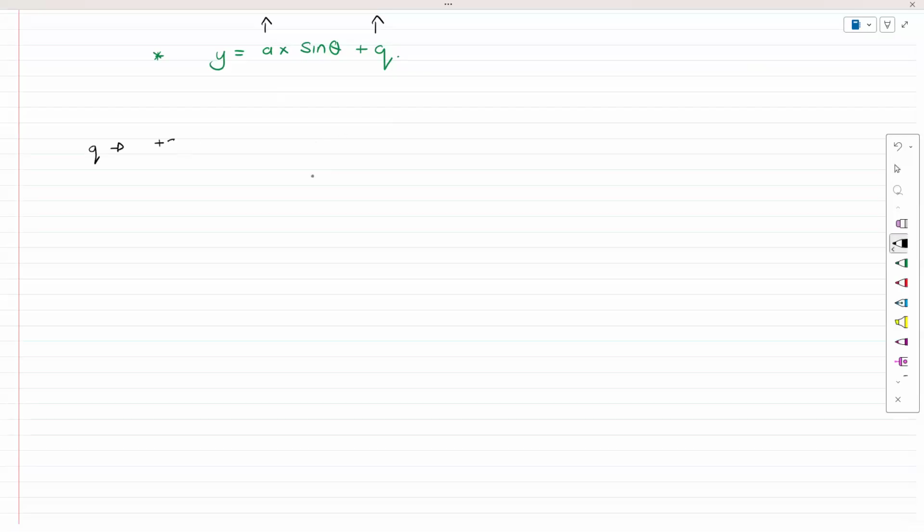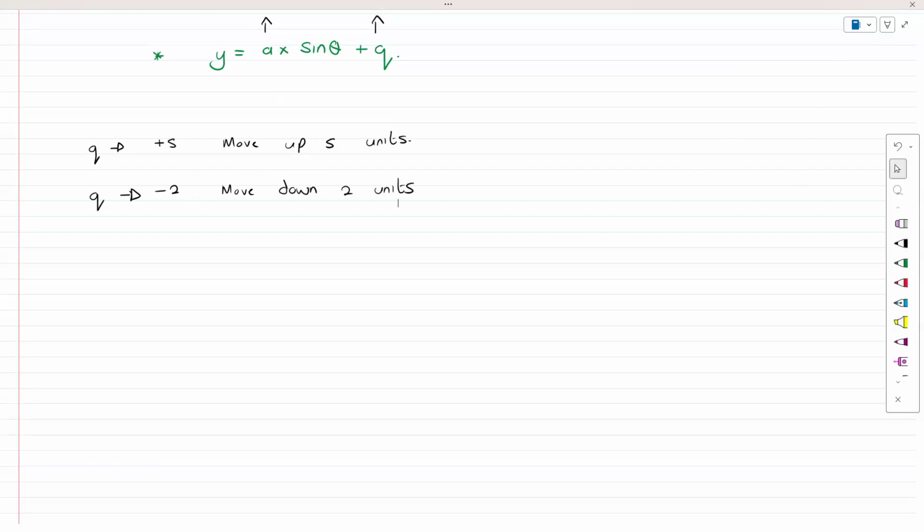If q is +5, it's going to move up 5 units, right? If q is -2, it's going to move down 2 units. So that's all there is to it.